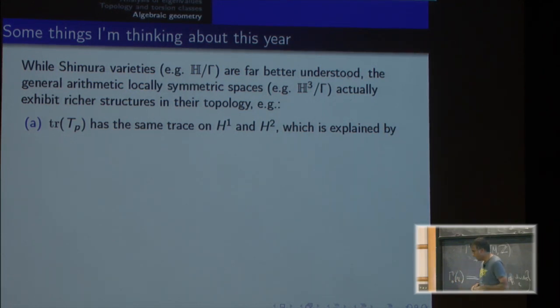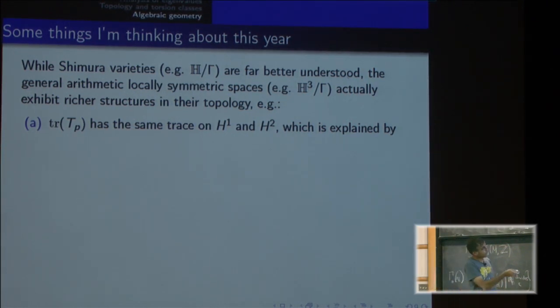So you have this situation of two cohomological degrees, and the Hecke operator has exactly the same eigenvalues in both of them. In that situation, if you have two spaces with an operator with the same spectrum, you would like to have some isomorphism that explains that.